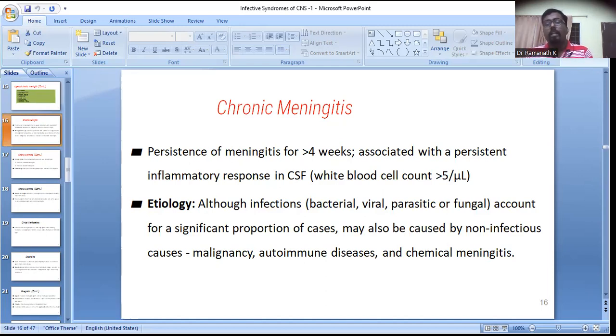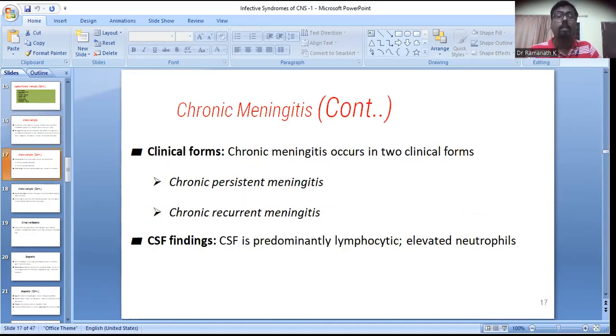Whenever there is an inflammation of the meninges, you can observe inflammatory changes in the surrounding CSF, that is cerebrospinal fluid, where the white blood cell count is more than 5 per microliter. Infections mainly produce chronic meningitis, but sometimes malignancy, autoimmune disease, and chemical meningitis are also possible agents of chronic meningitis.